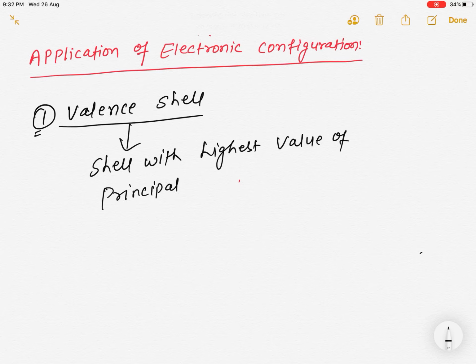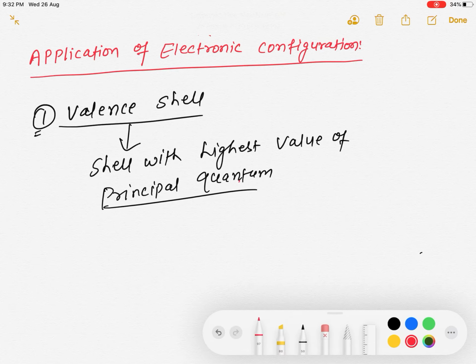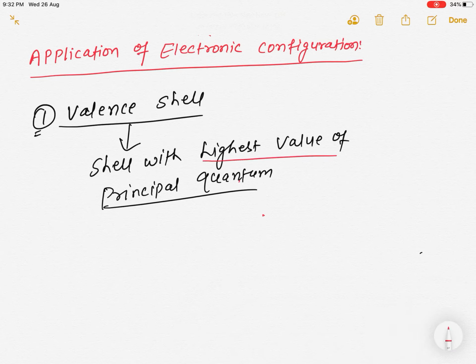I hope you are already aware of principal quantum number. If you are not aware, refer to the lecture on electronic configuration uploaded on the channel. The shell with the highest value of principal quantum number is called the valence shell. We can also say that the shell with the highest value will be the outermost shell. So valence shell is also the outermost shell.